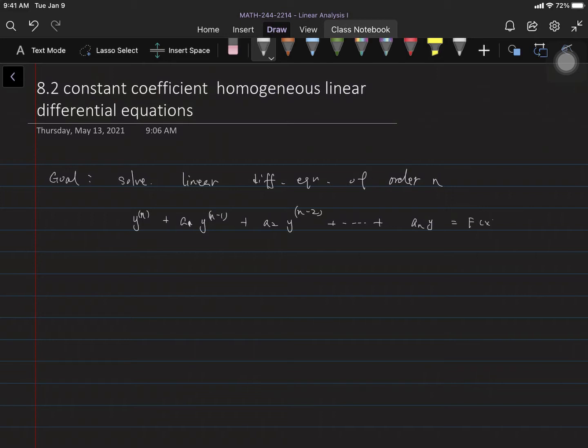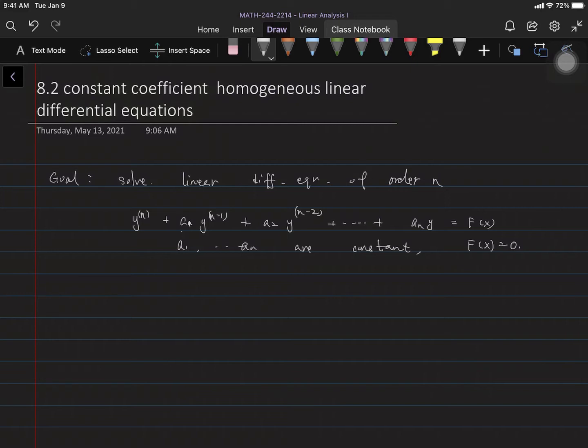This is non-homogeneous if the right side doesn't equal 0, right? So today we're just going to solve the case where all the a's, a1 till an, are constant, and capital F equals 0. In the next section, we're going to solve non-homogeneous equations.